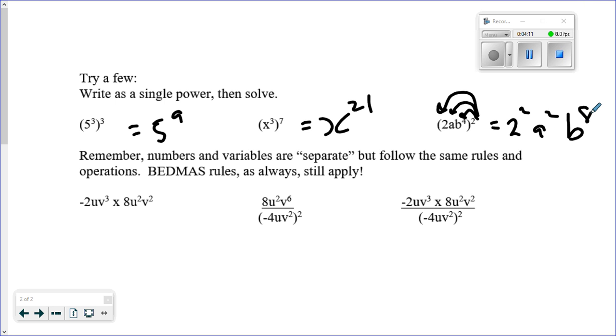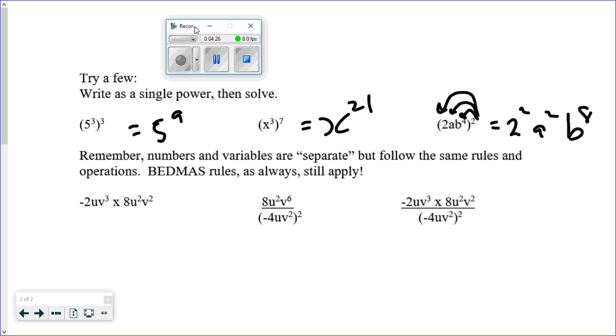And there's 2 ways of thinking of this. The first is that it's really 2 to the power of 1, so when we multiply the exponents, it's 2, just like it is for the a. We can also think of it this way, and this is the reason that the multiplication rule works.